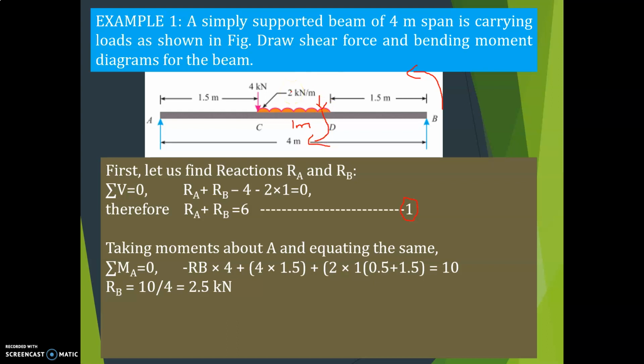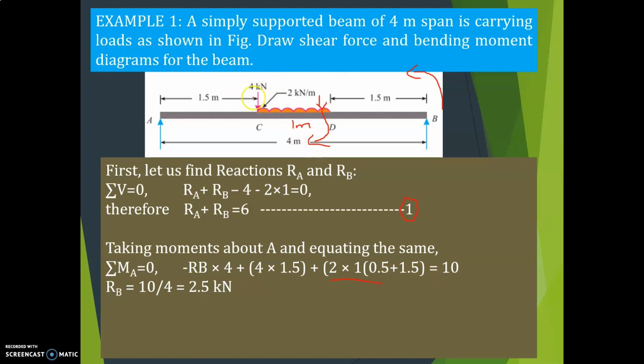So 2 into 1 into half of this, that is 0.5, plus 1.5 up to A. Okay, 2 into 1 into half of 1, that is 0.5, plus 1.5.